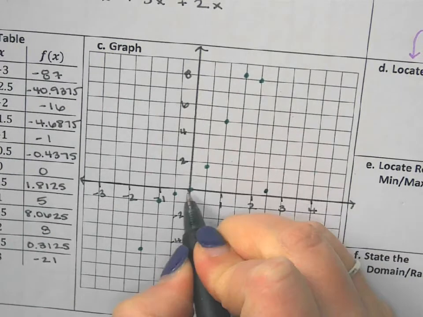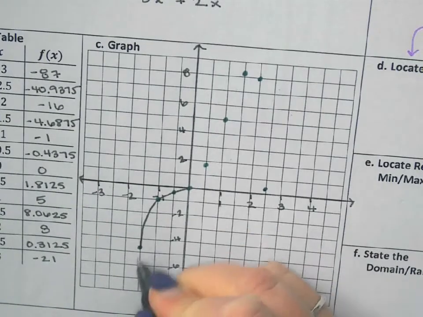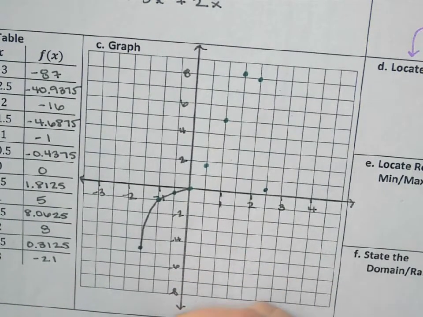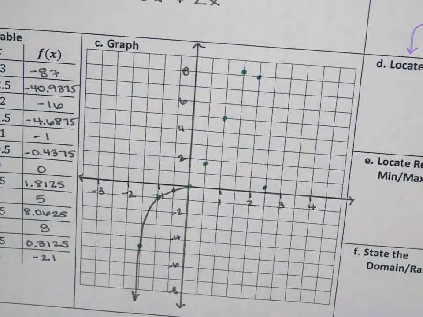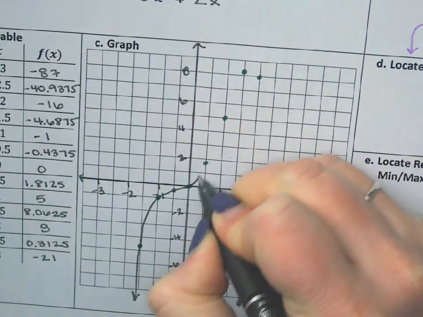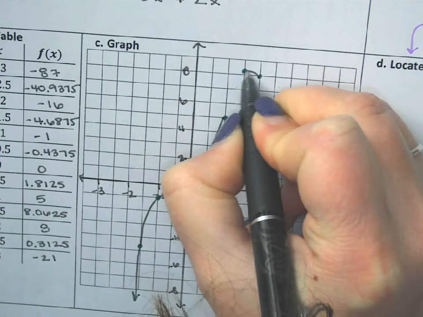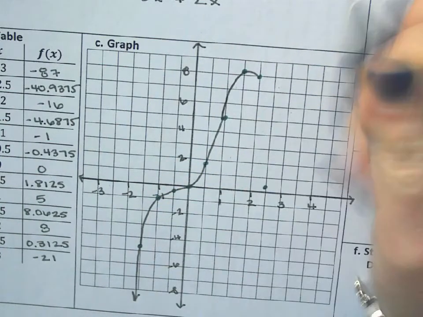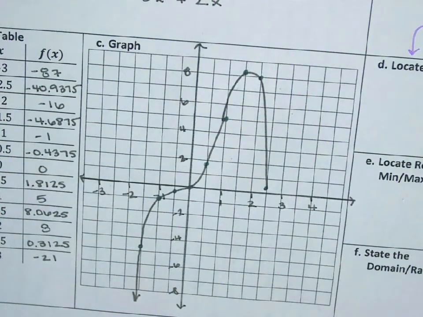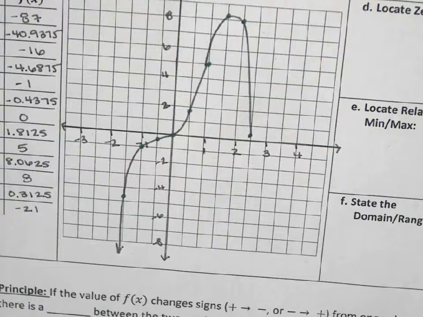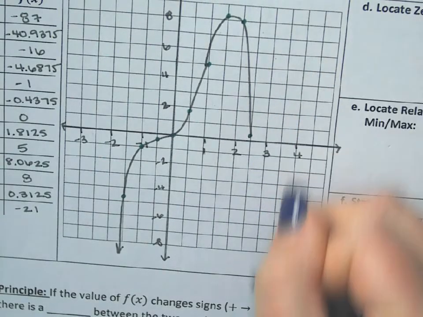Sometimes I even start in the middle. I know by the time it gets to negative 2 it has to be off the graph, so I'm just going to be heading straight down there. Just very fluidly, I guess, is a better way to describe it. You want to go through all the points on here, very curvy. I put 2.5 on there, and by the time I get to 3, it's again off the graph.